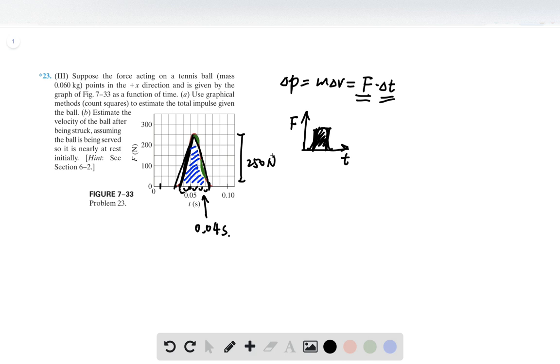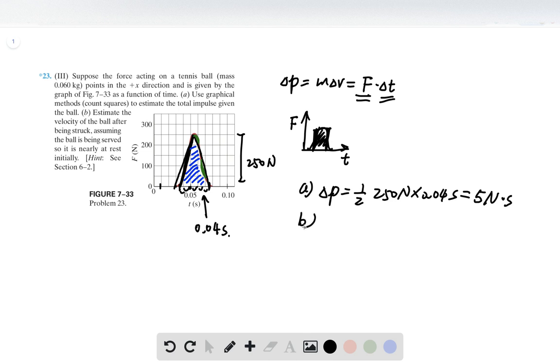To calculate the area of this triangle, I do height times base over 2. So I have delta P equals 1/2 of 250 Newtons times 0.04 seconds, and that gives me 5 newton-seconds. That is an estimation of the change of momentum, or the total impulse given to the ball.